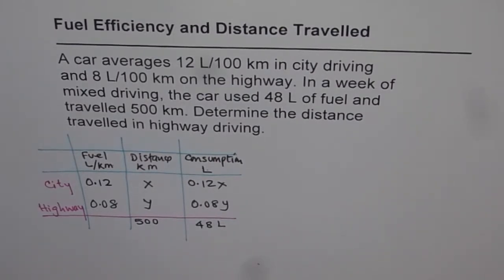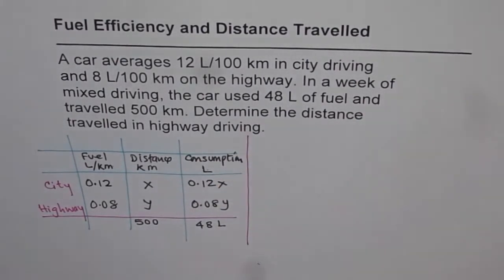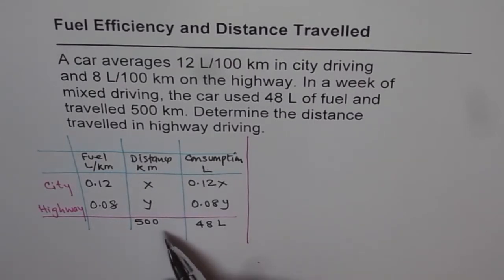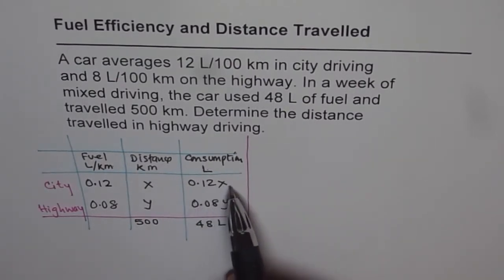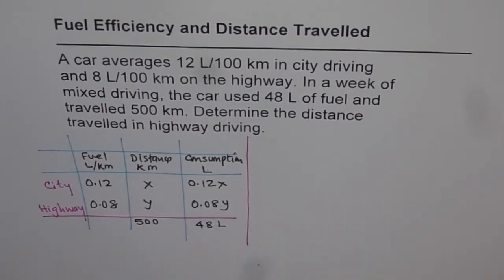Now the question is how to make equations. Well, the equations are actually already given to you. You can see them on the table. x plus y is 500, correct? And 0.12x plus 0.08y is 48 liters. So that is how you can get your equations.